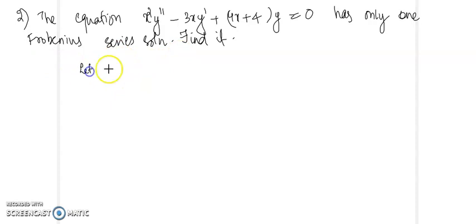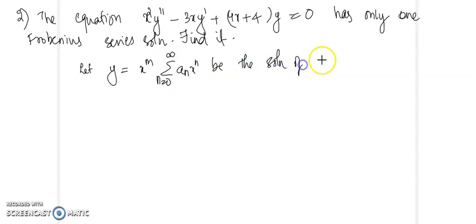Let y equal to x raised to m into summation an x raised to n be the solution of the equation.